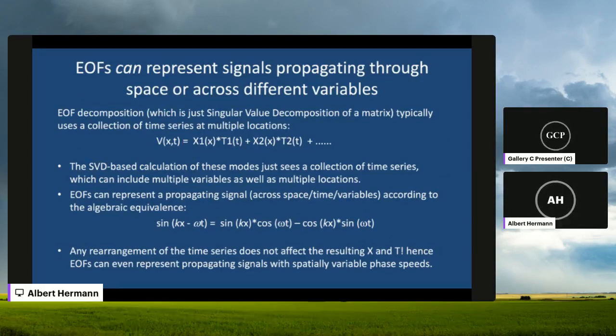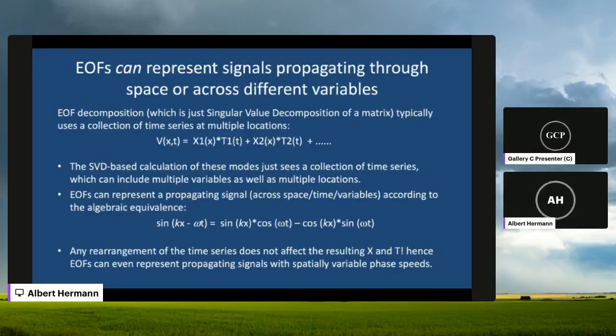That's due to the trig identity shown on the lower part of the slide relating a propagating sine wave to standing modes, sines and cosines in space and time separately. So those then become your spatial modes and your temporal modes in the EOF decomposition.